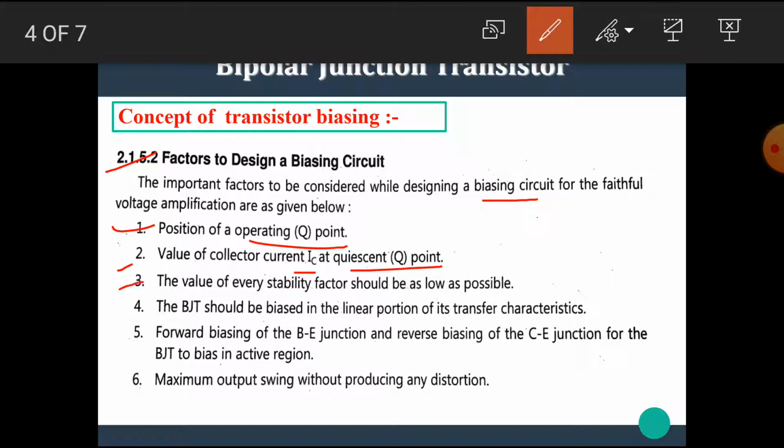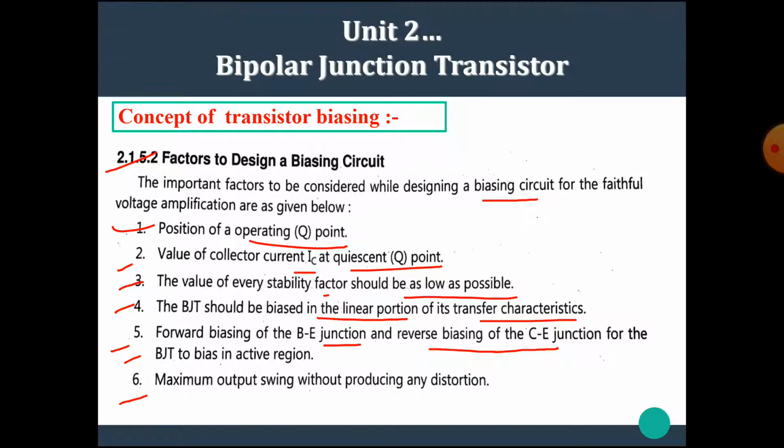The value of every stability factor should be as low as possible. The BJT should be biased in the linear portion of its transfer characteristics. Forward biasing of the base emitter junction and reverse biasing of the collector base junction for the BJT to be biased in the active region. Maximum output swing without producing any distortion.